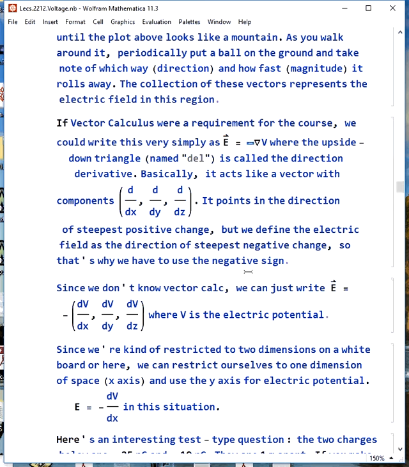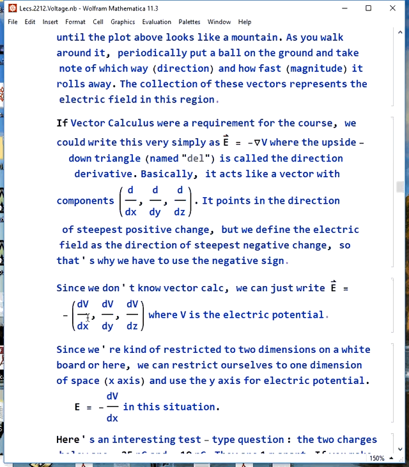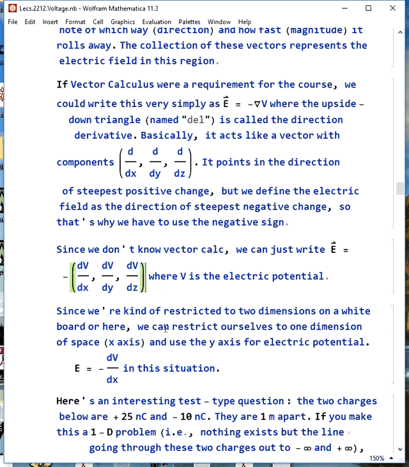I believe the math people do this differently. Now, since we don't expect you to know vector calc, you can forget all this if you want, but you'll see vector calc later if you're in this class in general. You'll have to take it some other time. Without vector calc, we can just write it like this. The E vector is the negative of change in potential with respect to x and y and z.